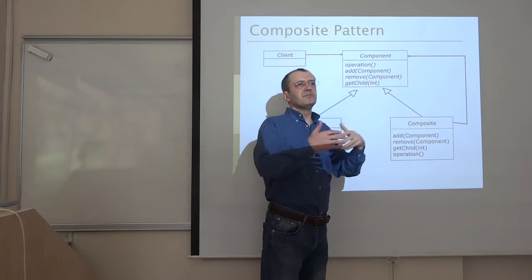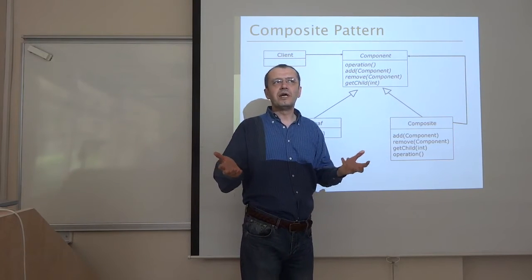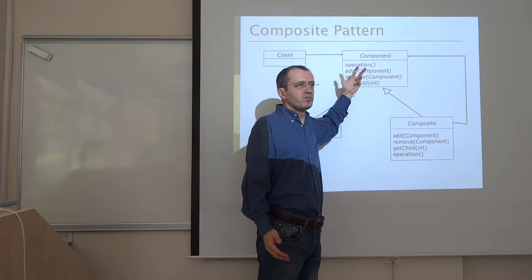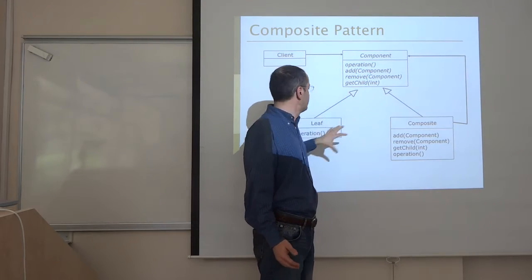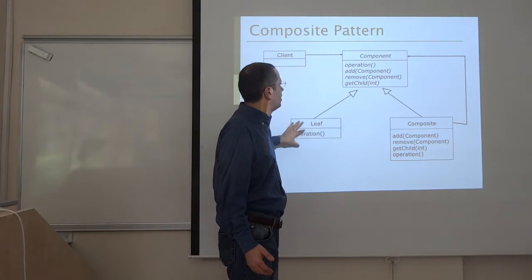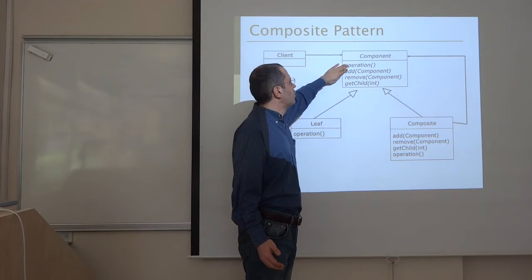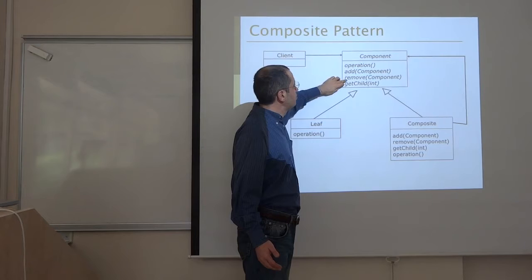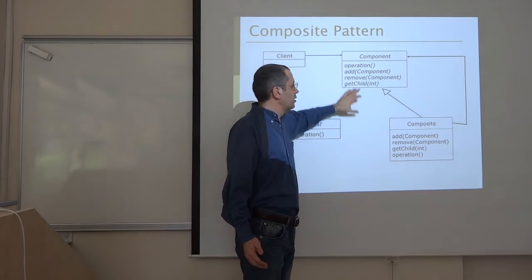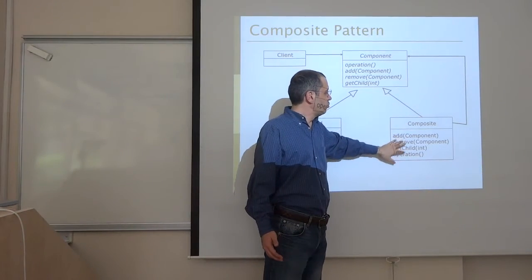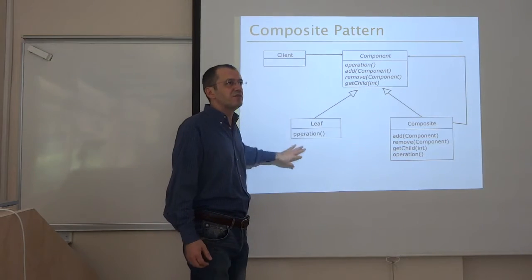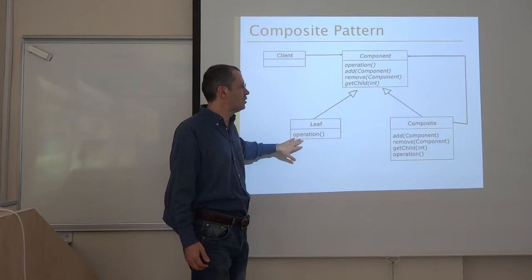And if I'm overriding that method, then it's no longer throwing exceptions. If it's a leaf, then I will have exceptions for add, remove, and get child. If it's a composite, I will not have exceptions on these, but there might be some other elements here that are specific to the leaf.